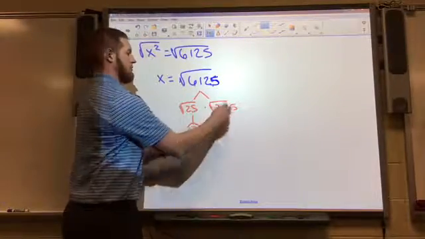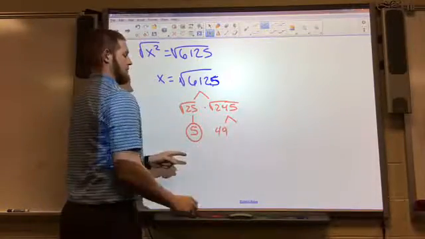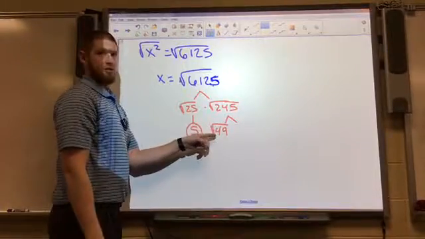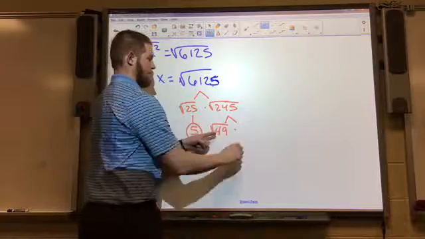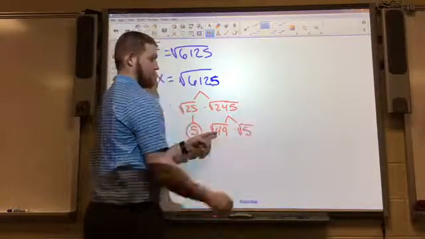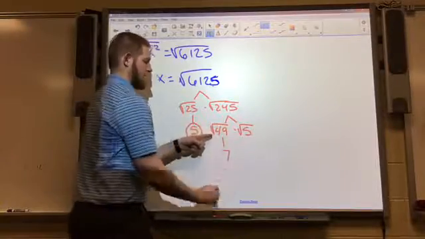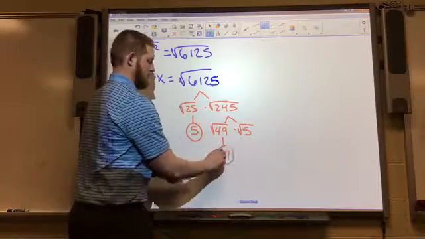What can I take out of 245? 49? Okay, so Travis found a really big one. But there probably wasn't any smaller ones, was there? So 49 times what? 5. Both under radicals still, right? Square root of 49 is? Does that still have a radical? No, because I square rooted, so I'm done with that.